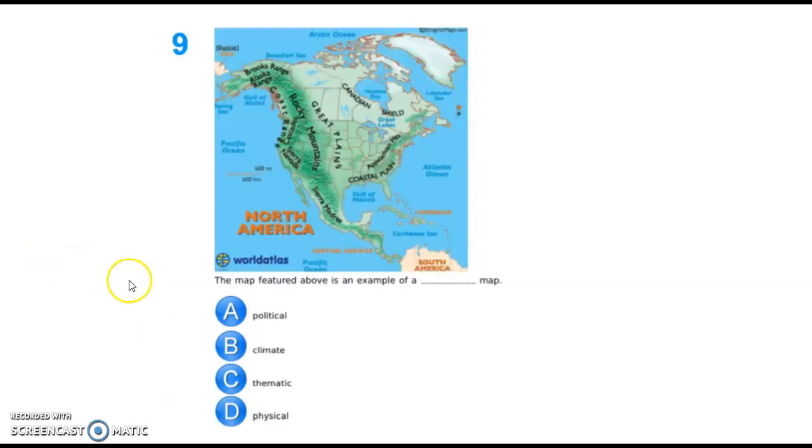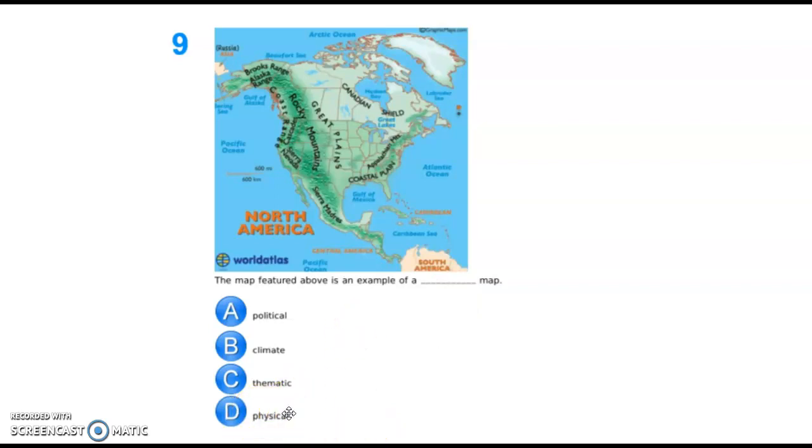The next question on your test that was tied to 9A showed you this map right here. This is a map of North America and Central America. It says the map featured above is an example of a blank map. The correct answer for this one would be D, physical map.